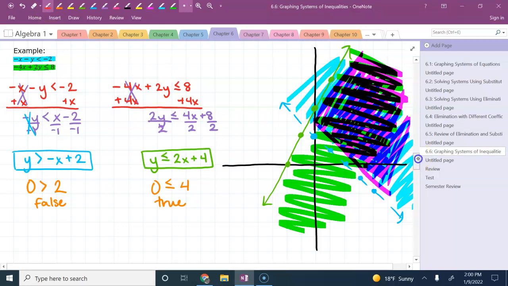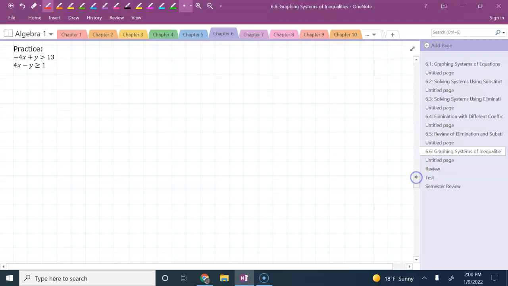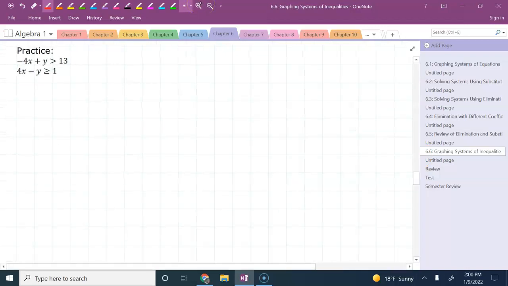There's one more practice problem. Go ahead and, again, pause the video, work this one out, rewrite both of those equations, graph them, see what happens, and when you're ready to see the solution, go ahead and resume watching.